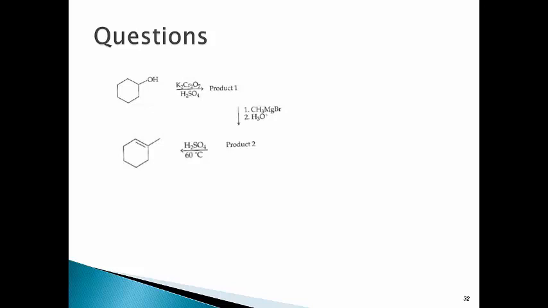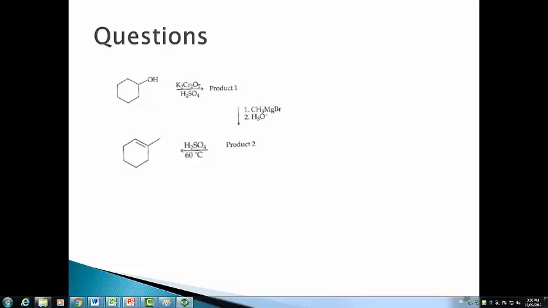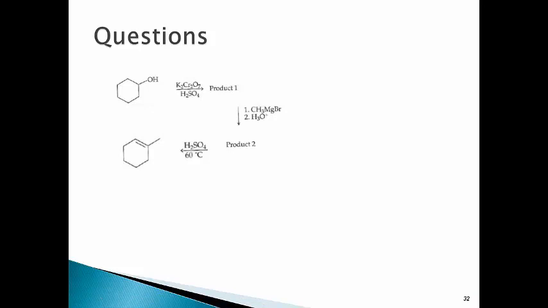The first one that you will get would be this compound here. We've got an alcohol under harsh oxidizing conditions.